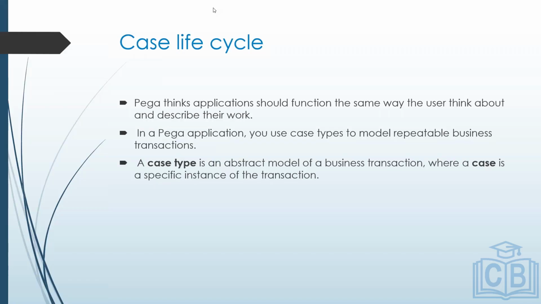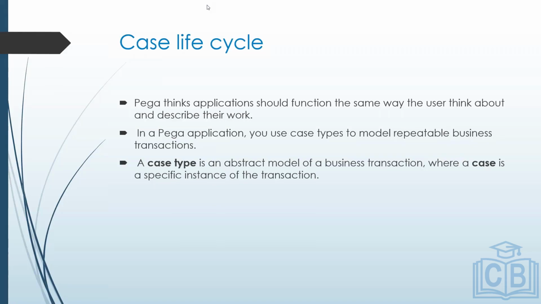My business transactions cannot be never-ending. I cannot have that sort of transactions. I need to have a clear-cut definition of what is the starting point of my transaction and what is going to be the end point of my transaction.